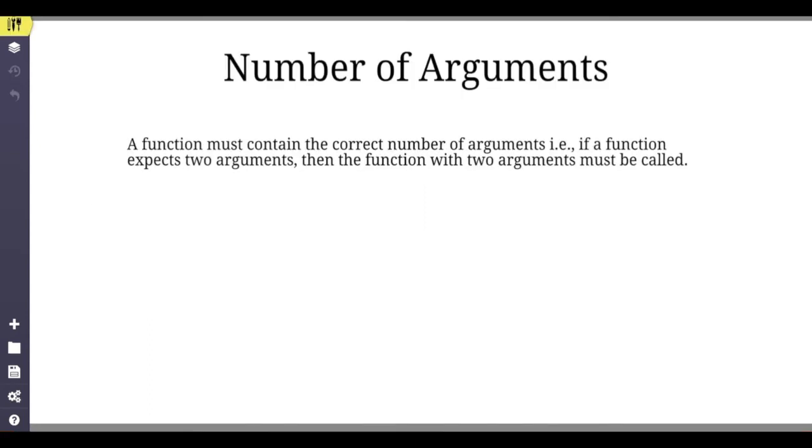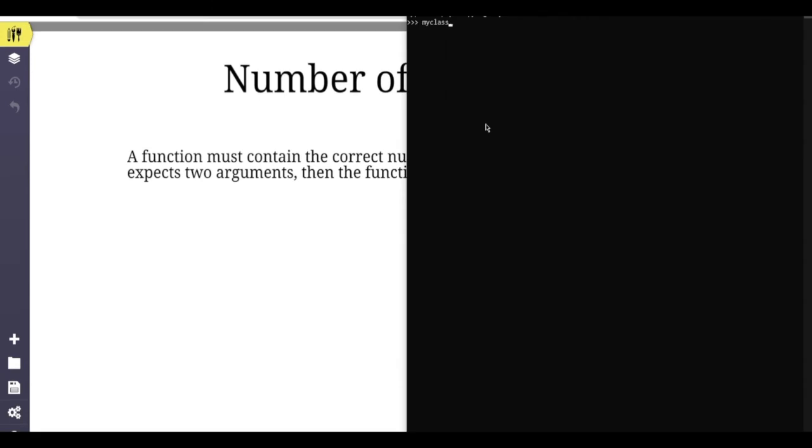Now, knowing the correct number of arguments, a function must be called with the correct number of arguments. That is, if a function expects 2 arguments, then the function must be called with 2 arguments. So what does this mean? If we are defining my class, I am writing here 2 parameters, name and class, in my class function. So if I'm writing 2 parameters here, when I start calling my function, I should give 2 arguments with it. So how will I do that?